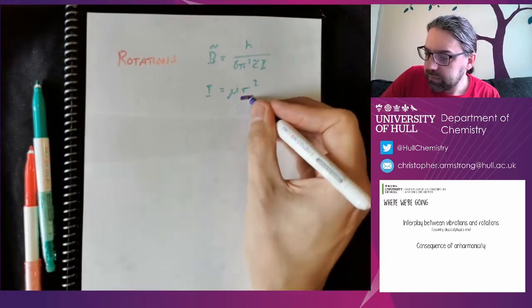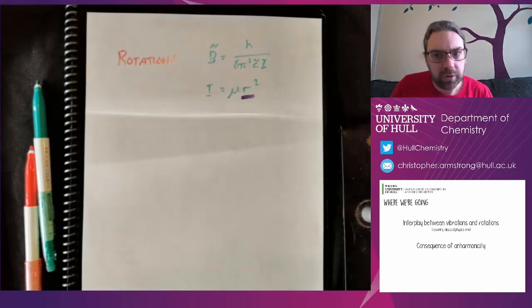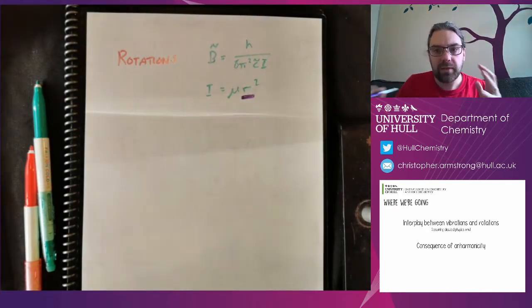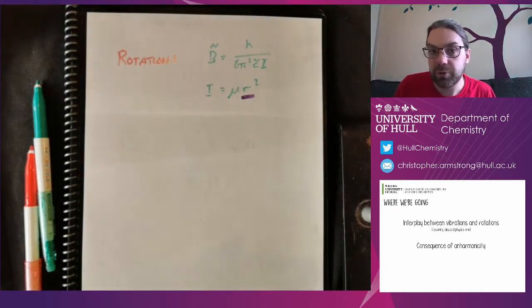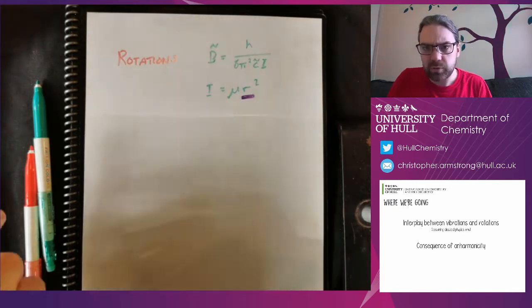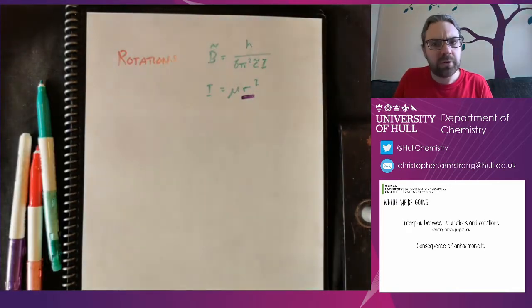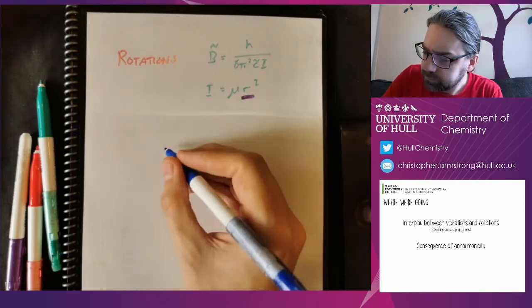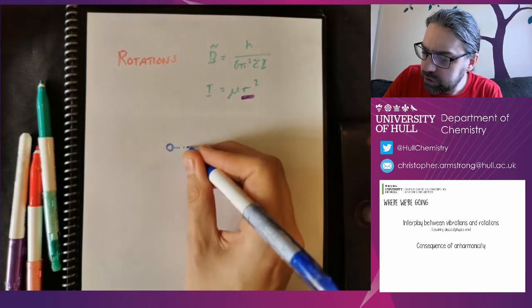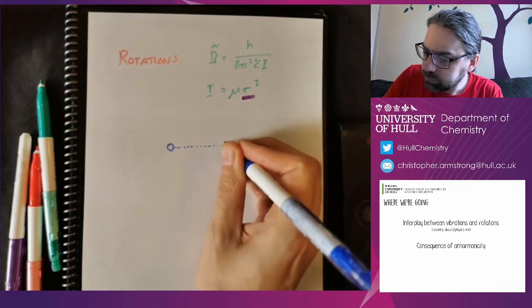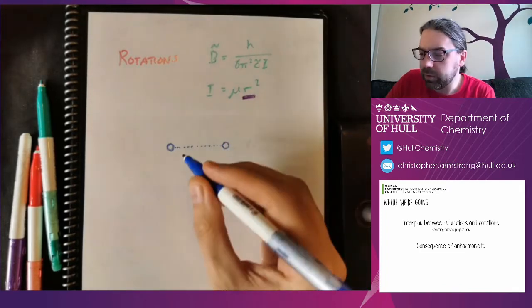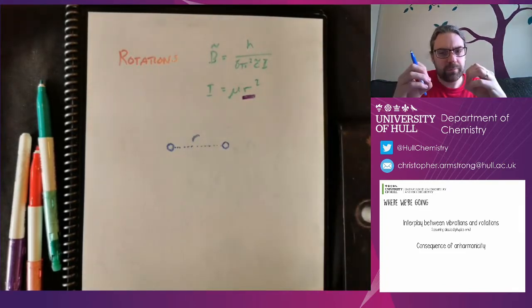So here we have a bond length. The length of the molecule is now going to affect the rotation. So what does this mean? Well, if we've got a molecule that's vibrating, then the bond length is no longer constant. So if this is the bond length R, as it vibrates, it gets a bit longer.